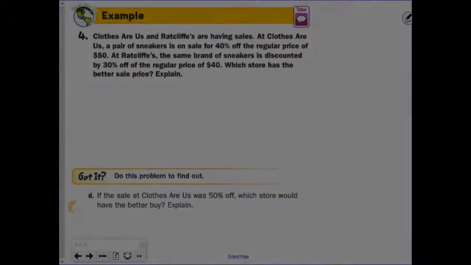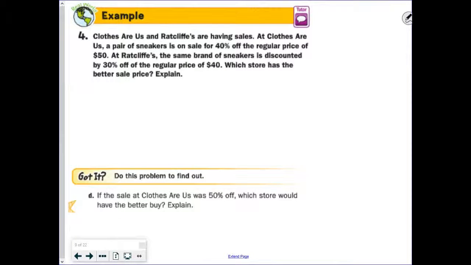Look here at example 4. It says, Clothes R Us and Ratcliffe's are having sales. At Clothes R Us, a pair of sneakers is on sale for 40% off. So Clothes R Us sells sneakers at 40% off the regular price of $50.